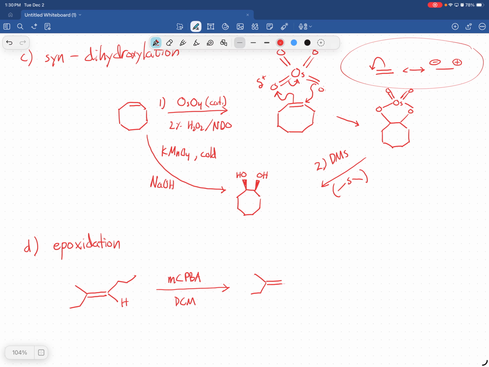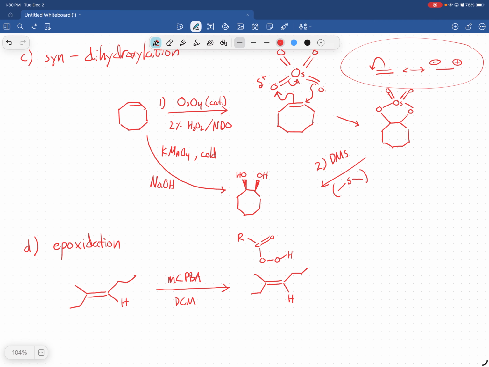So the alkene lines up here. What I like to do is draw the H there, and here's just my R group. That's the rest of mCPBA. Okay. So what happens here?